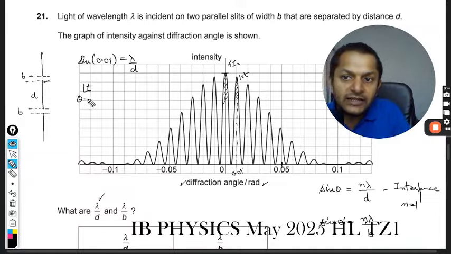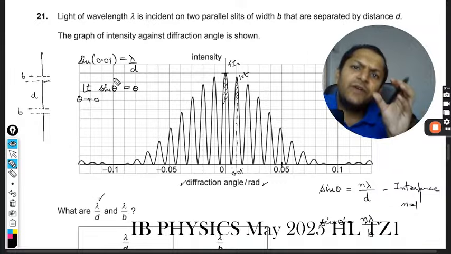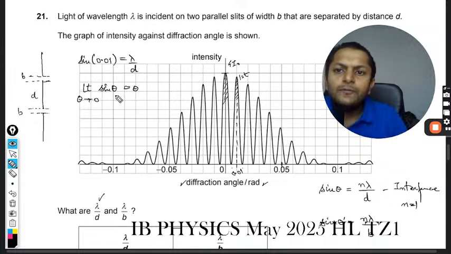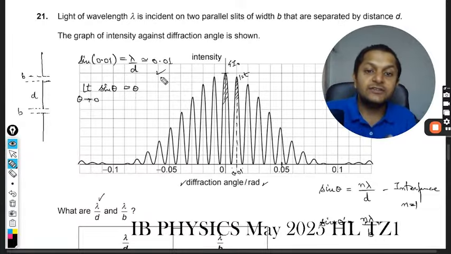Limit tending to 0, sine theta can be approximated as theta itself. So 0.01 can be taken as a very small value, and lambda by d can be approximated as 0.01 itself. So that will be your answer in the case of interference.